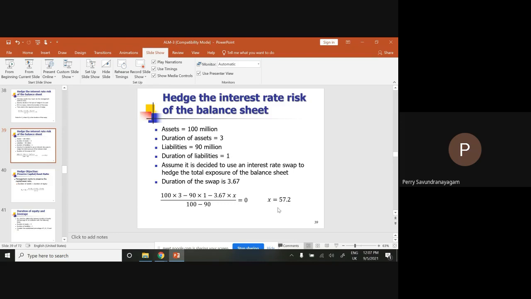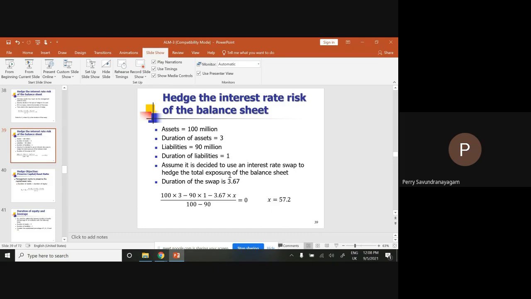So even if interest rates go up further, and I find myself having to raise deposits at a higher rate, I will only be raising 90 million here. Fortunately, I'm paying fixed here, and I have already hedged my interest rate risk on rates going up because I have done a swap and I'm paying fixed for 57 million.